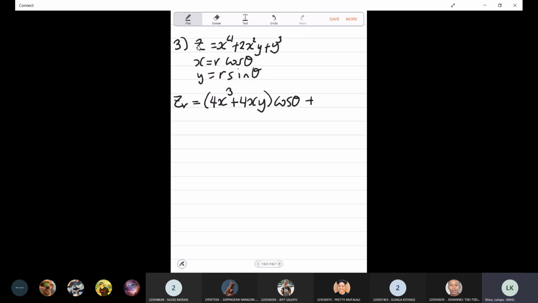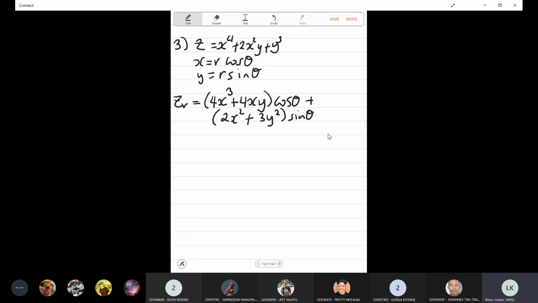And then z differentiated with respect to y, so this is 2x squared plus 3y squared, and then we multiply by y differentiated with respect to r, which is sine theta. There isn't much that multiplying out the brackets will do, so we can just leave it like that.